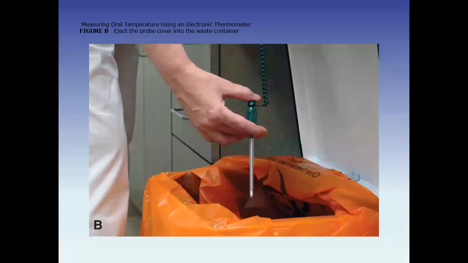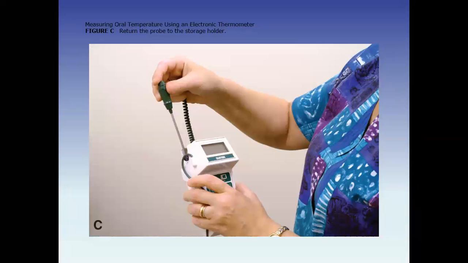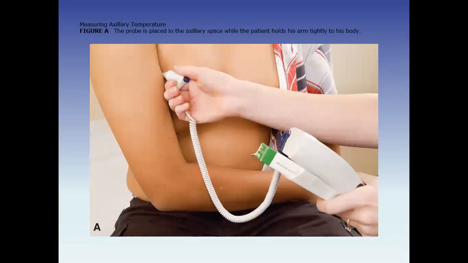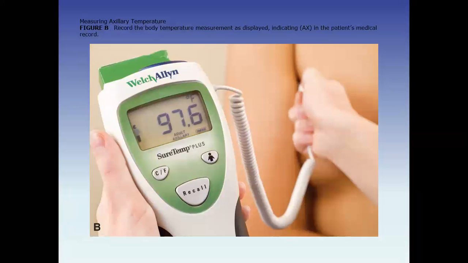Then when you don't need it anymore, you dispose of it in the waste container. And there's another one showing the oral temperature using the electric thermometer. Another one is the axillary temperature, where it's placed in the axillary area while the patient holds their arm tightly to their body. And there's another example, the same thing, showing how it should look.